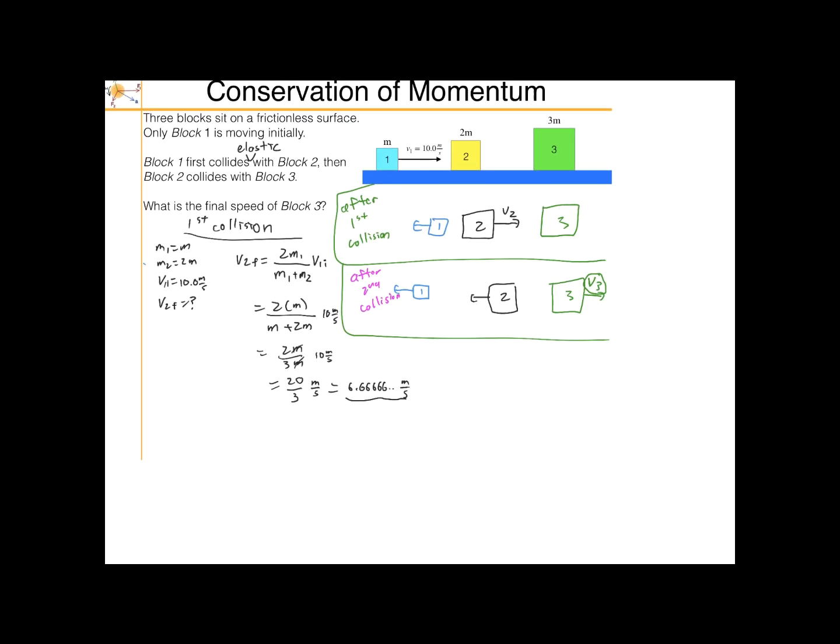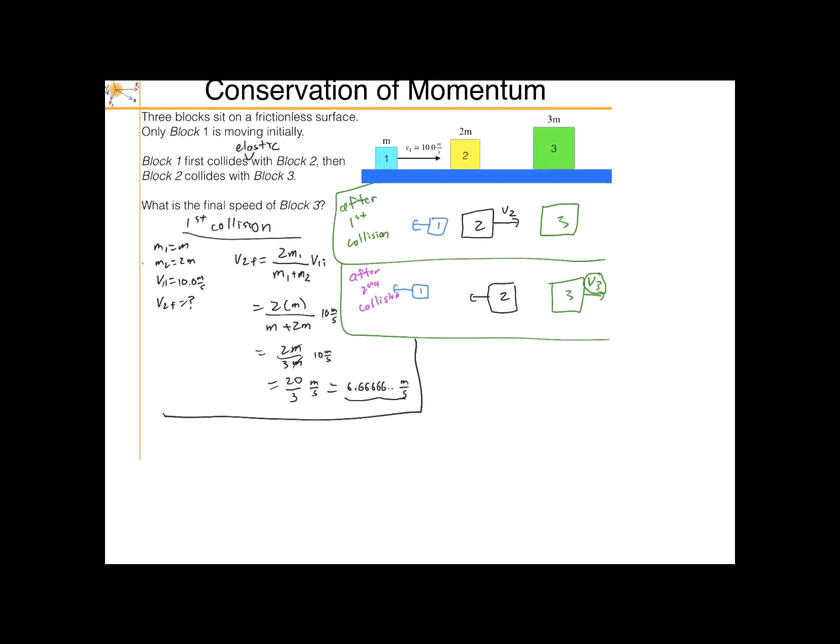So for the second collision, block 2 has a mass of 2m, block 3 has a mass of 3m. Block 2's initial speed is now its final speed from the last collision, so let's put it as 20/3 meters per second. That comes directly from here, because we're using that as the initial speed for the next collision. And we want to find the final speed for 3.